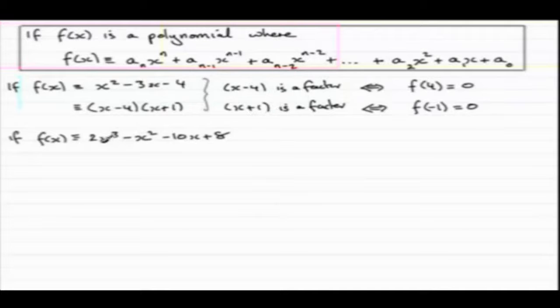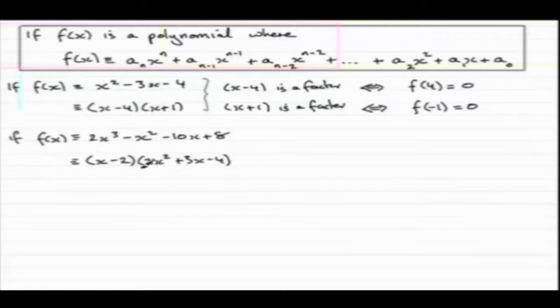Let's take this polynomial here of degree 3, often called a cubic polynomial. If you were to factorize this, you'd find that you would get a linear factor, x minus 2, multiplied by what is often called a quadratic factor, 2x squared plus 3x minus 4.